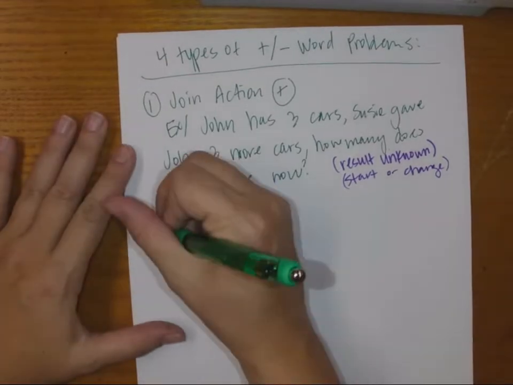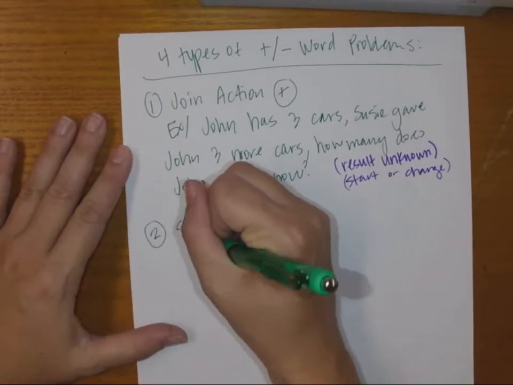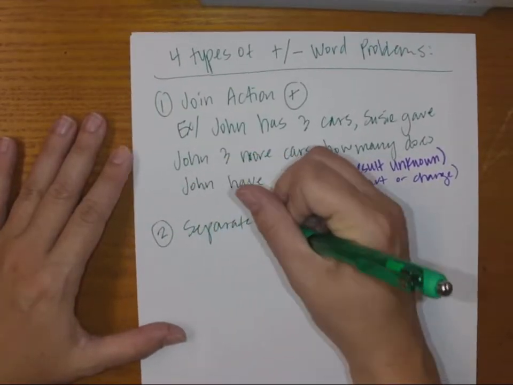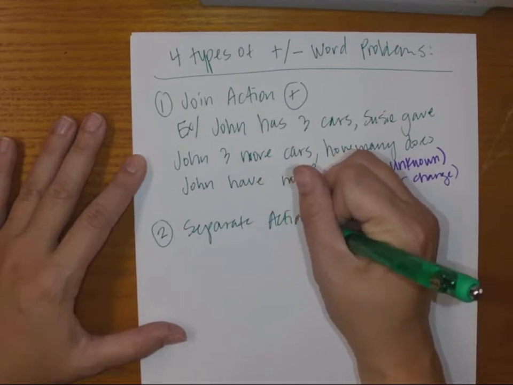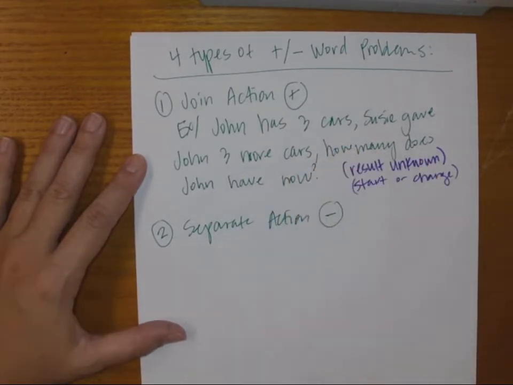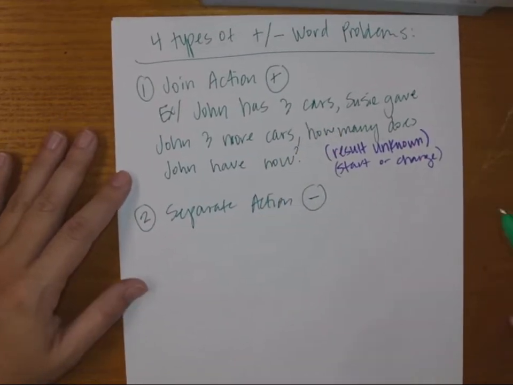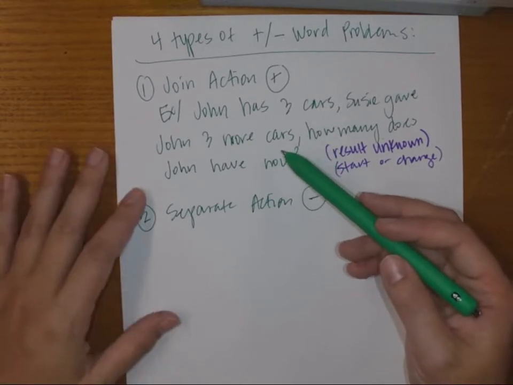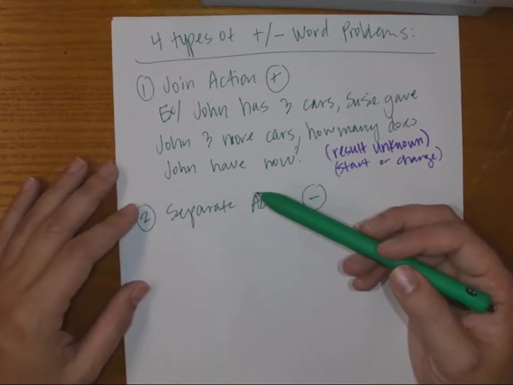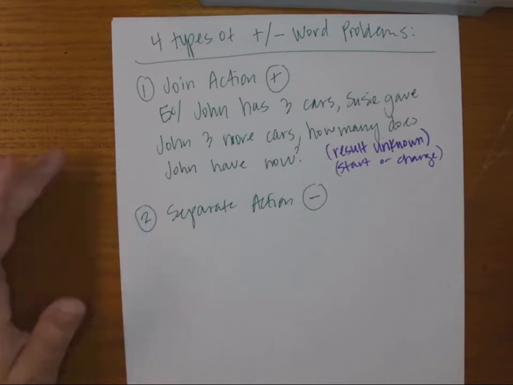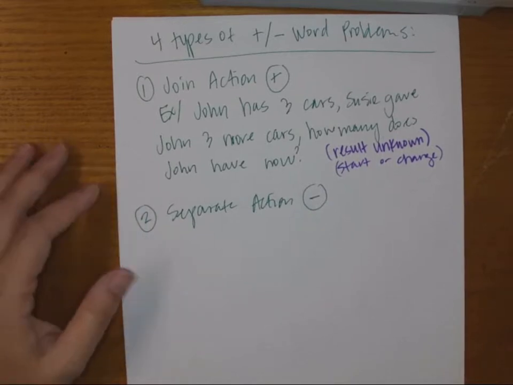We could also make this a separate action problem, and that's how I turn this problem into a subtraction problem. Separate action would be John has 6 cars or 5 cars or however many. Some got taken away. He gave some away. Now how many does he have?